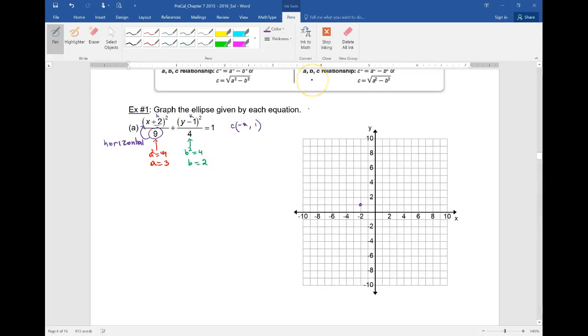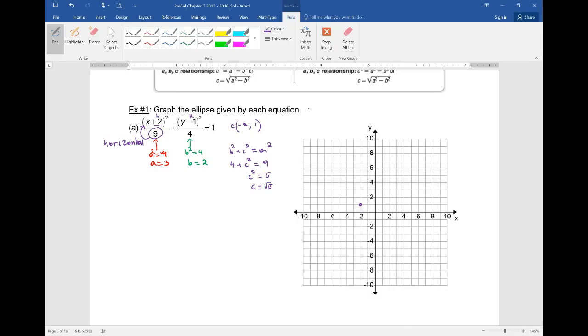Right, B squared plus C squared equals A squared. So let's find C then. B squared plus C squared is equal to A squared. That means 4 plus C squared is equal to 9. C squared is equal to 5. So how much is C? Root 5. Okay? Remember, C is a distance, so it's positive root 5, not plus or minus.